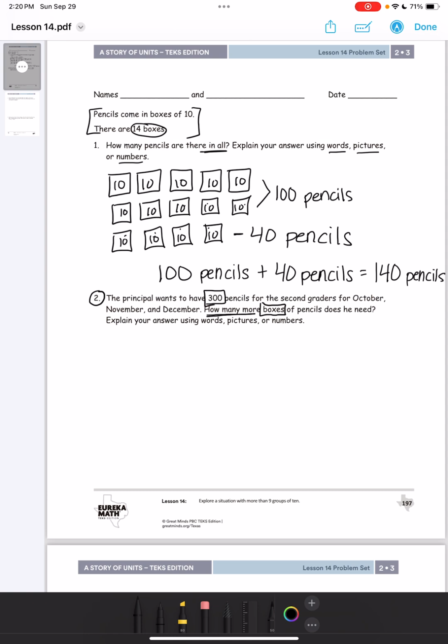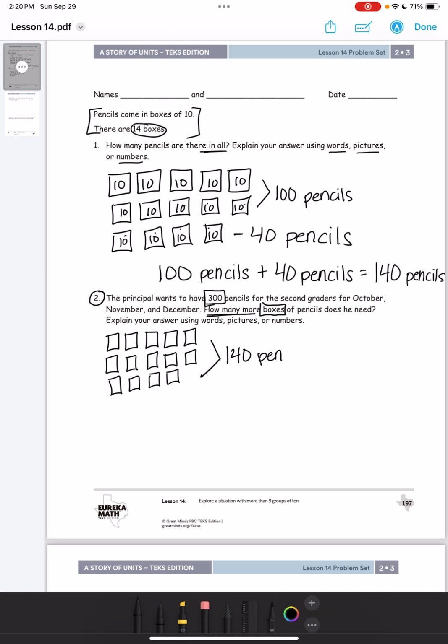So I'm going to go ahead and just redraw those in this problem to show that I know there are 140 pencils. So go ahead and draw this with me. If you need to pause it, pause the video. So there's my 140 pencils that I'm starting with. The principal wants 300.